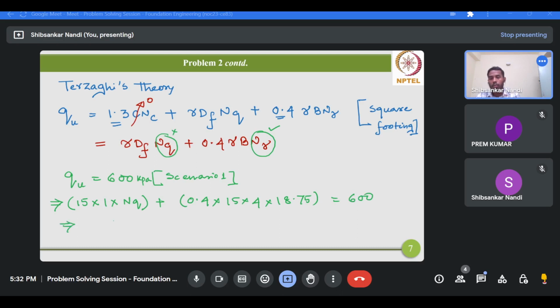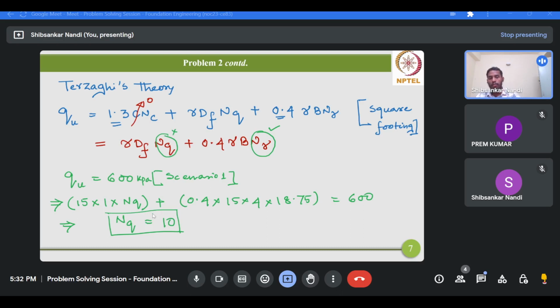If you solve this equation, you will end up with the value for Nq as 10.